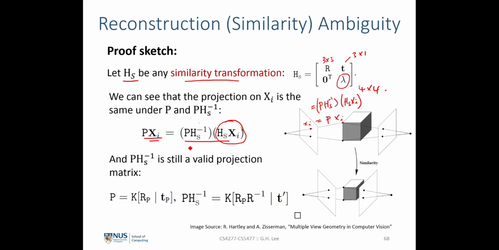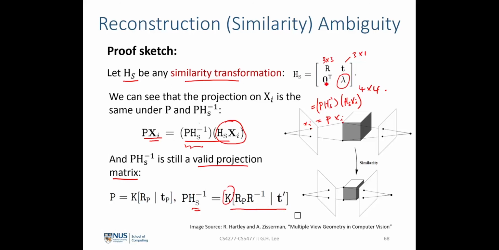And what's interesting is that the resulting camera projection matrix is still a valid camera projection matrix. Starting from the original camera projection matrix, denoted by K, R and T, if we multiply this by the transformation HS, the end result is still a valid camera matrix, where K is still the intrinsics, whereas the rotation and translation are deformed by the similarity transformation.